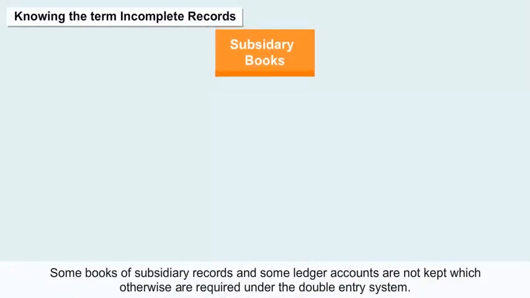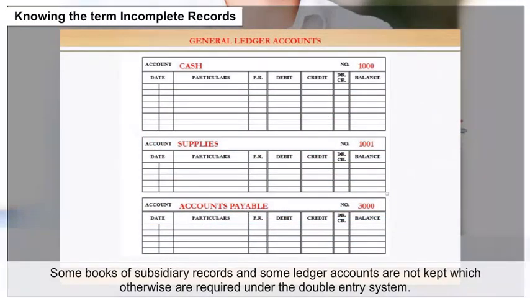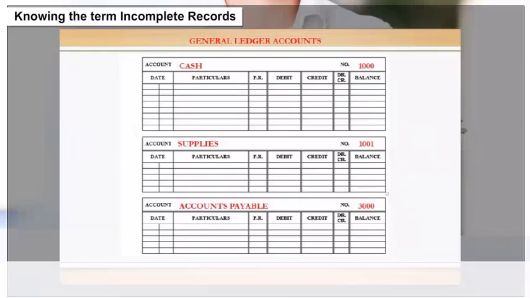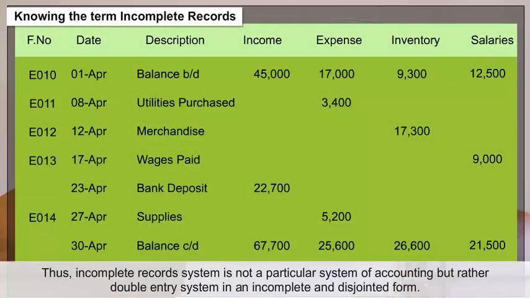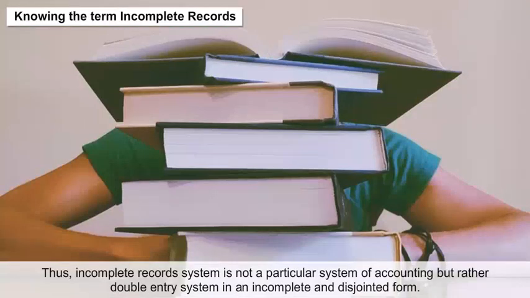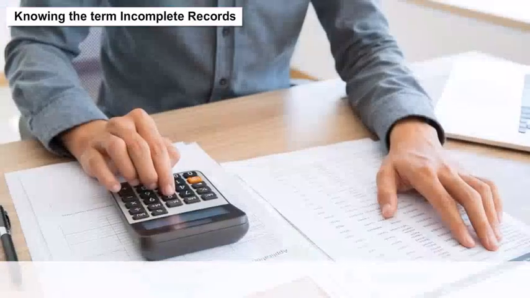Some books of subsidiary records and some ledger accounts are not kept which otherwise are required under the double entry system. Thus, incomplete record system is not a particular system of accounting, but rather double entry system in an incomplete and disjointed form.